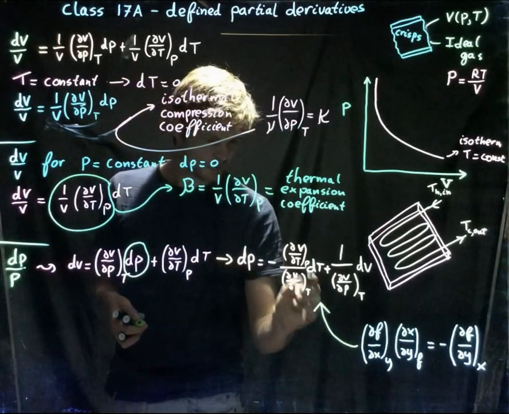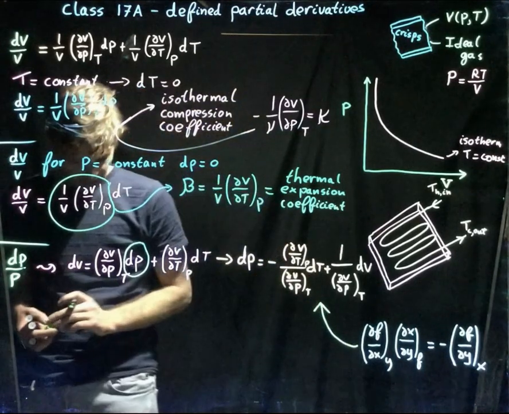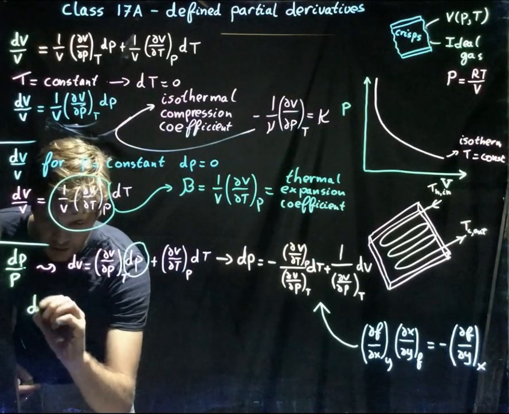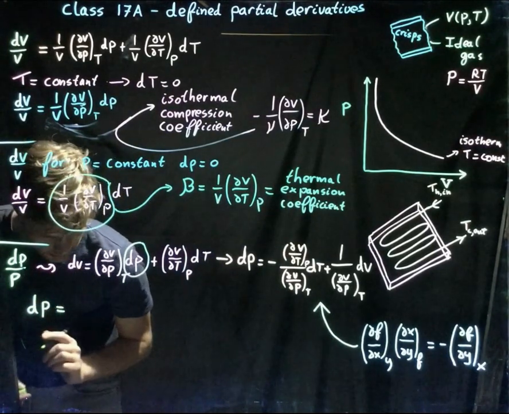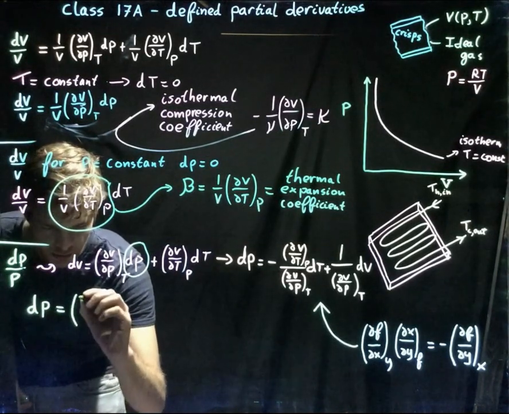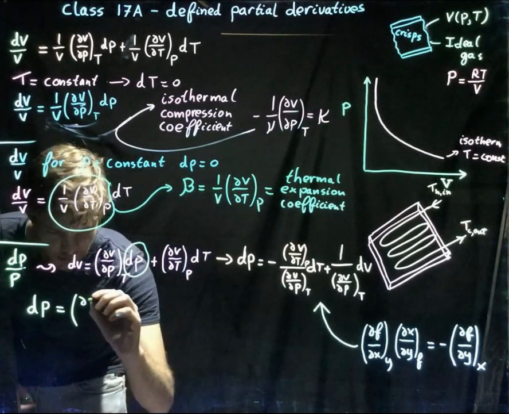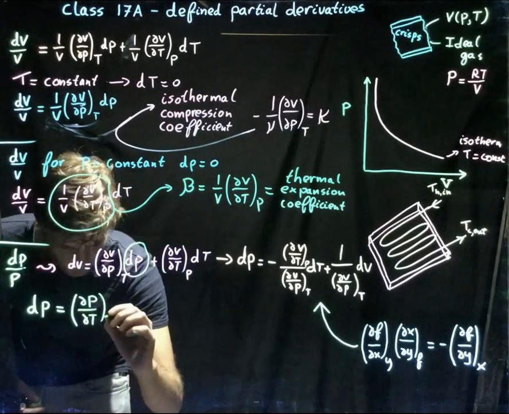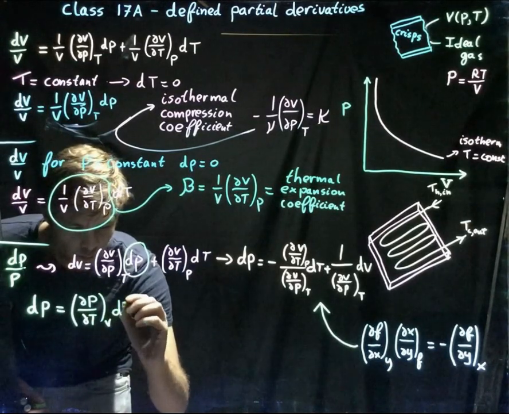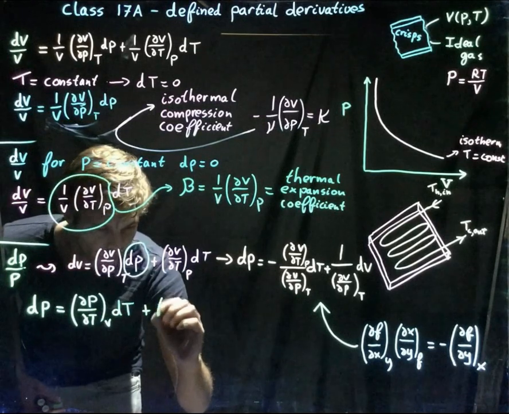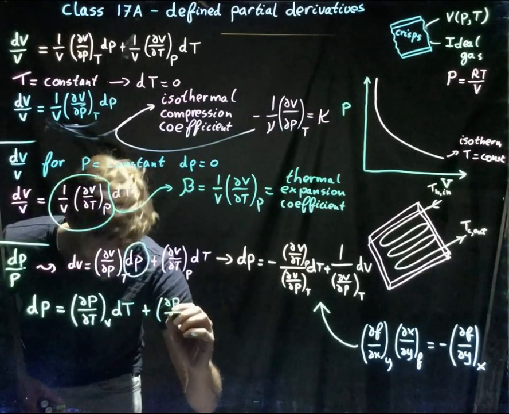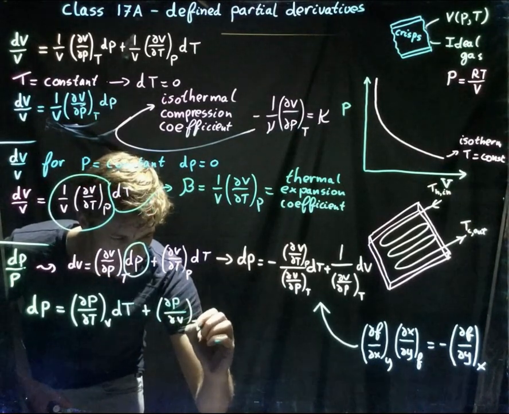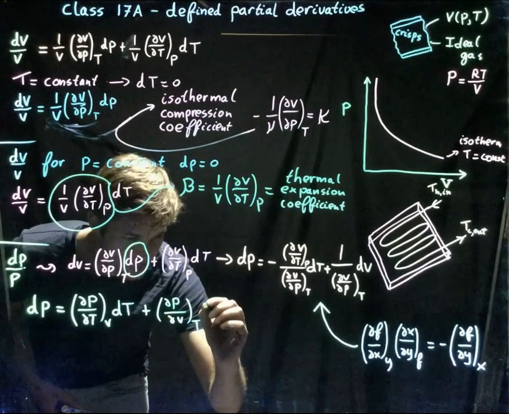So I'm going to plug it in and apply it over here, and that will end up as dP is equal to (∂P/∂T) for a fixed volume multiplied by dT, plus (∂P/∂V) for a fixed temperature multiplied by dV.